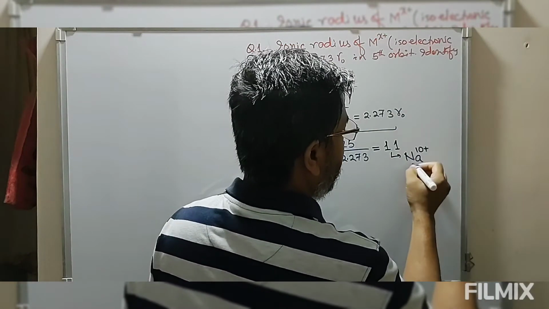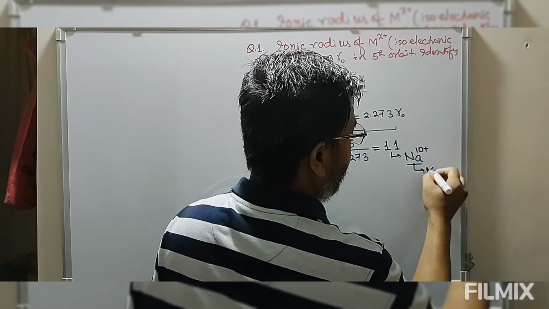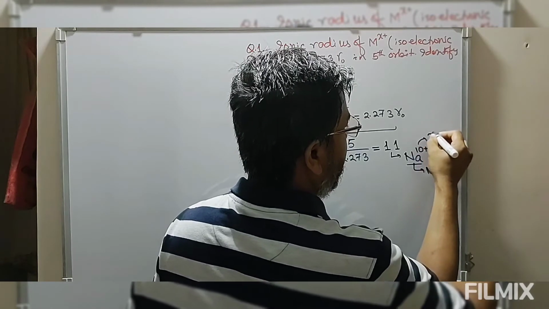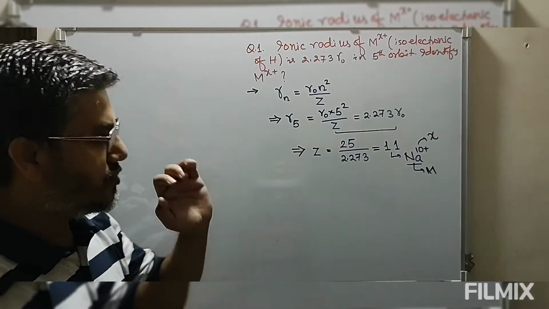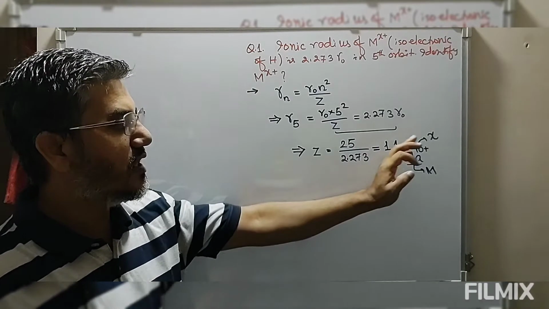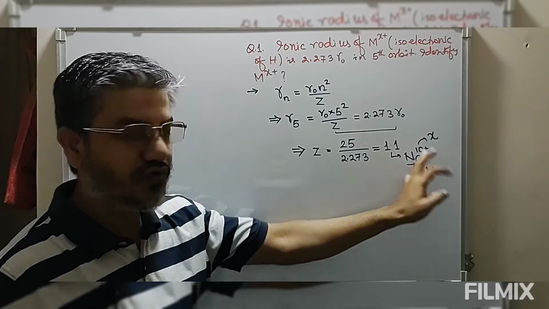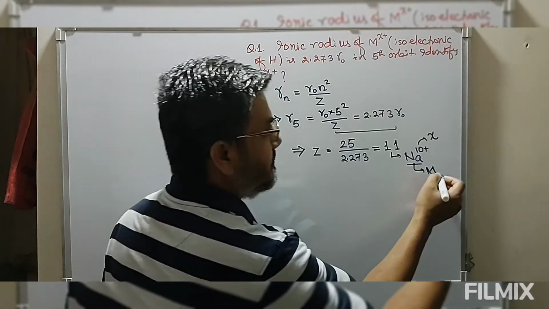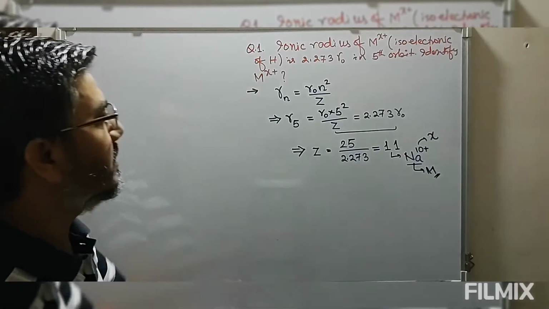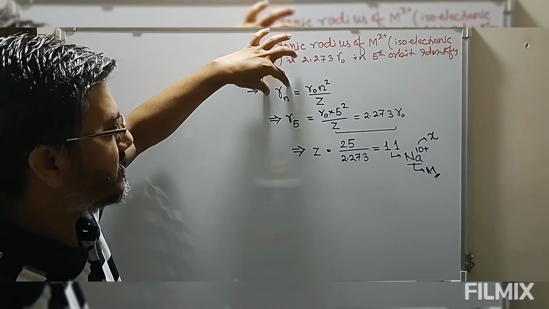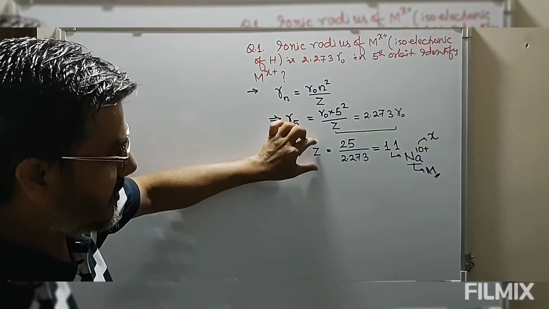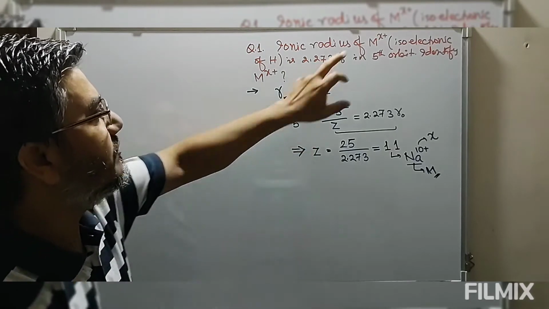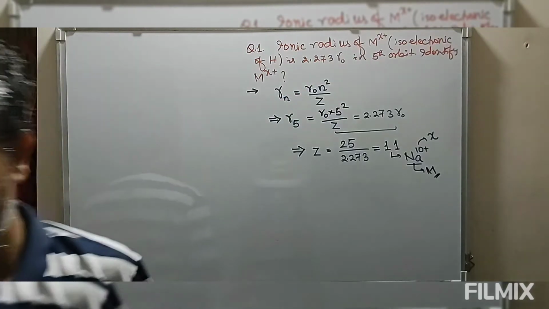So this is M and this is X. So the element is sodium metal, the charge X plus, X is equal to 10. So we are using the relation of radius, and from this we define atomic number, and from this atomic number we define this element.